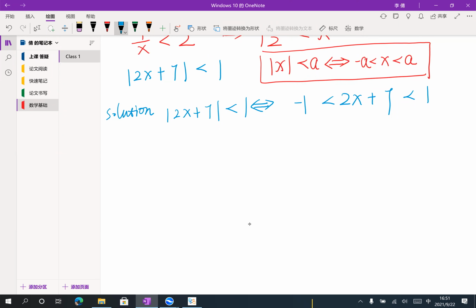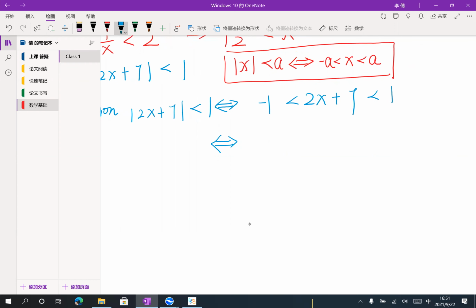And from this inequality, if we subtract 7 on both sides, we can get minus 1 minus 7, which is minus 8, smaller than 2x, which is smaller than 1 minus 7, which is minus 6, right? And we can get this inequality.